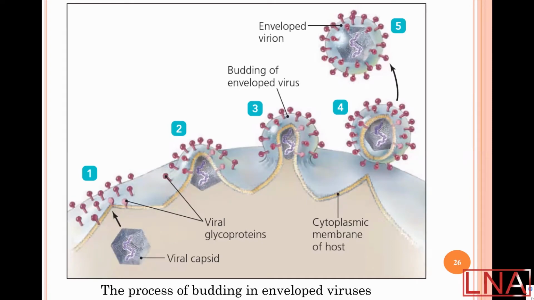So, as I said, non-enveloped viruses will just destroy the cell, cause cell lysis and go out. But enveloped viruses are very clever. They sometimes use the cytoplasmic membrane of the host to go out.